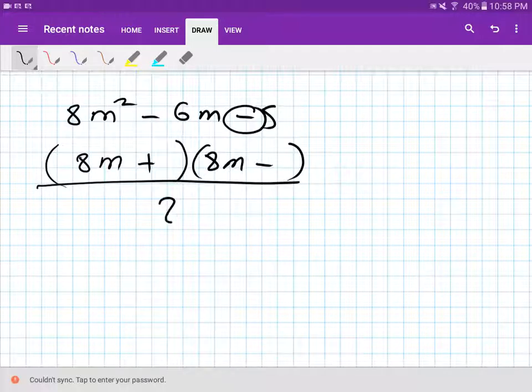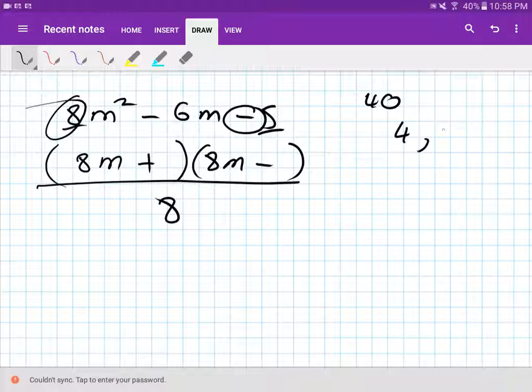Then I divide by 8 because the coefficient is 8. Remember that. Now, 5 times 8 is 40. What times what gives me 40? Because it's minus, it means the difference is 6. What is it? 4 and 10. Right? The difference is 6.